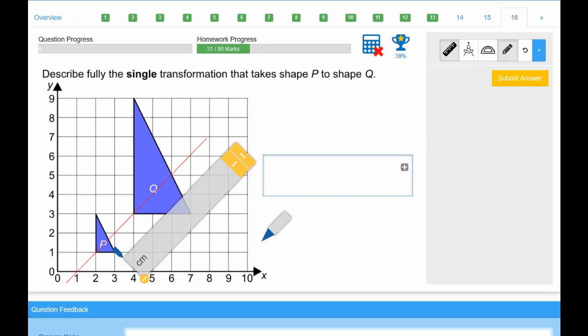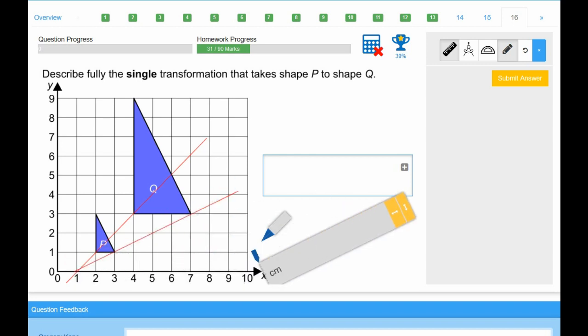Let's do another point. Let's do, say, from there up to here. I have to make that little one a little bit bigger as well. And if I do that, then I can see that my lines are going to come there at 1, 0. I could do the same thing for here to there, but I don't need to do so.